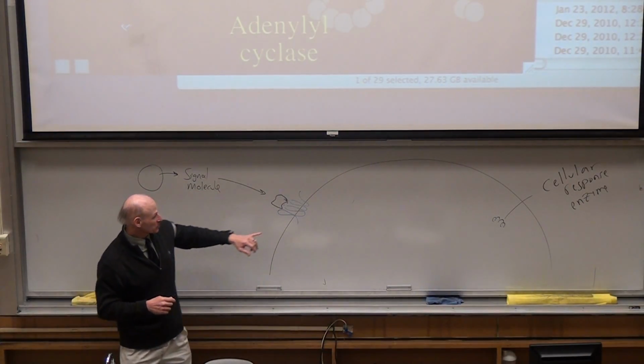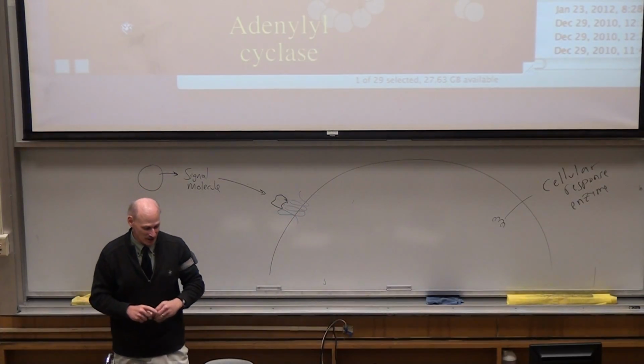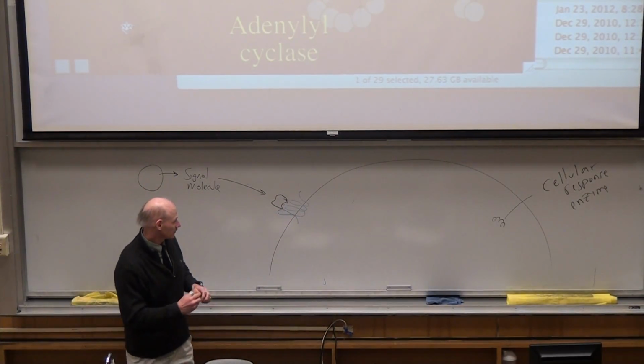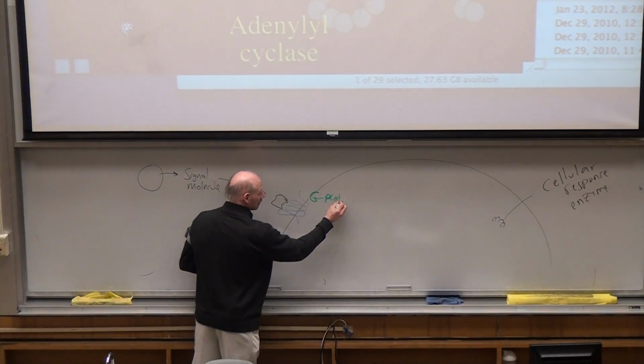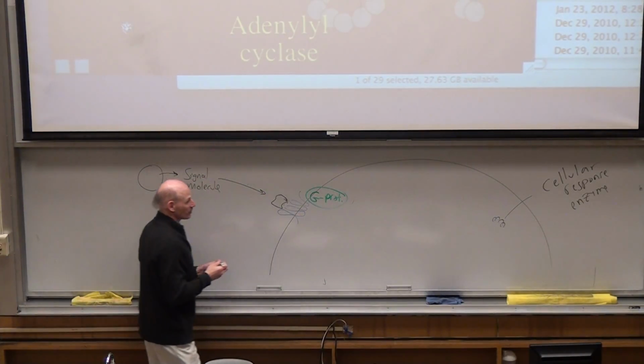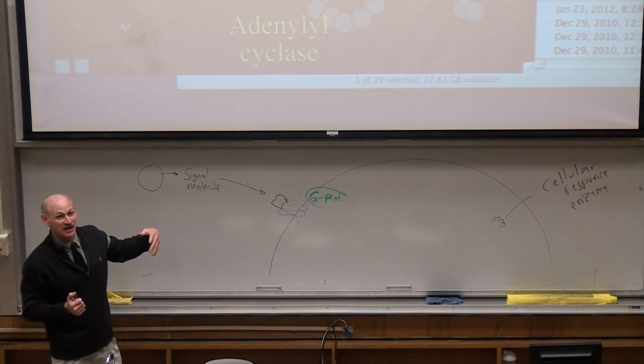Well, the first relay protein, the one that's activated by the G protein linked receptor, is called a G protein. And these G proteins are membrane proteins. They also have hydrophobic domains that keep them anchored to the membrane.